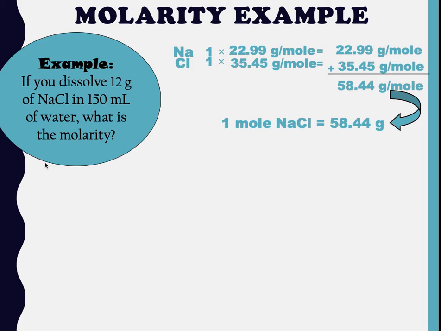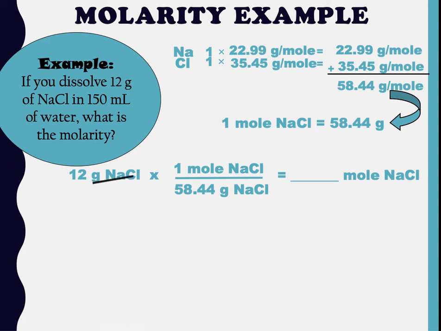Well, you're not given moles in this problem. You are given grams. So we need to do the conversion. Here's our molar mass from before. It's our same process. We take our 12 grams divided by 58.44, so that grams end up canceling out, and we get our moles of 0.21. To do molarity, we need moles, which we just got, and we need liters, which we are not given in the problem. We are given 150 milliliters.